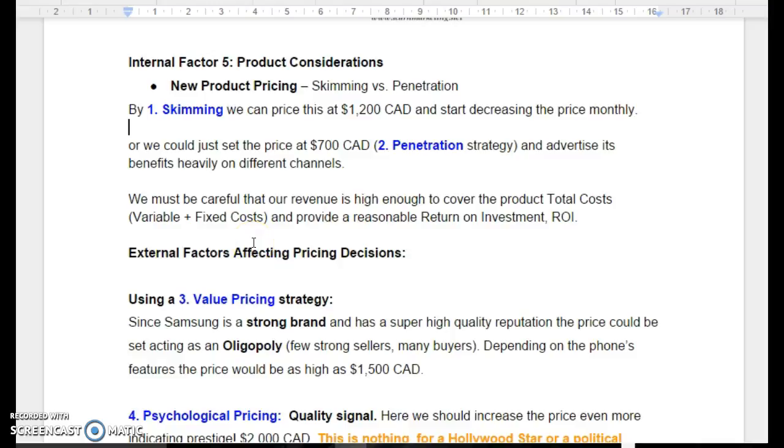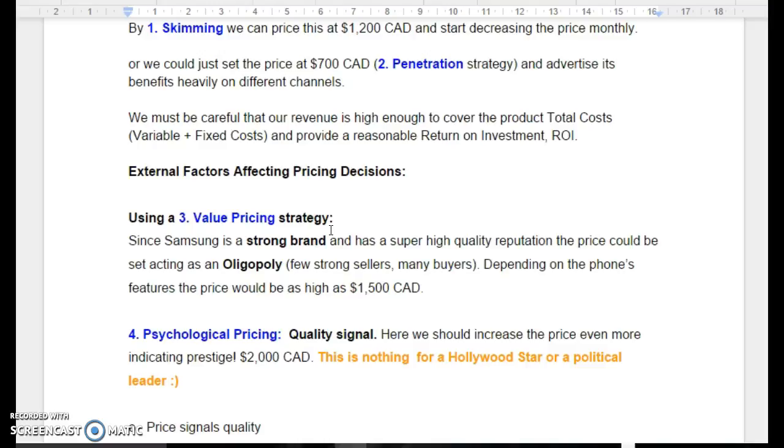We must be careful that our revenue is high enough to cover the product's total costs, which are variable plus fixed costs, and provide a reasonable return on investment. From the external factors affecting pricing decisions.